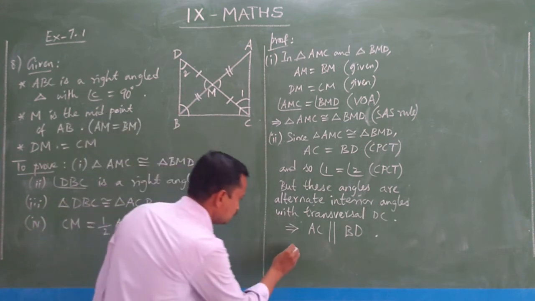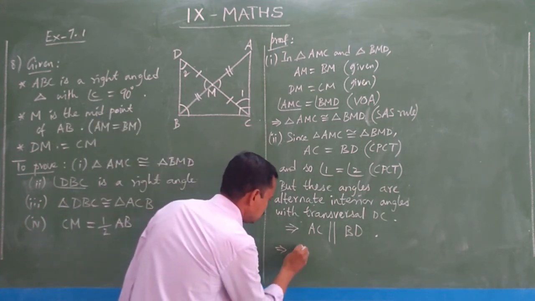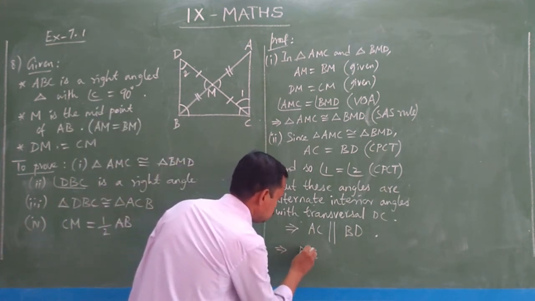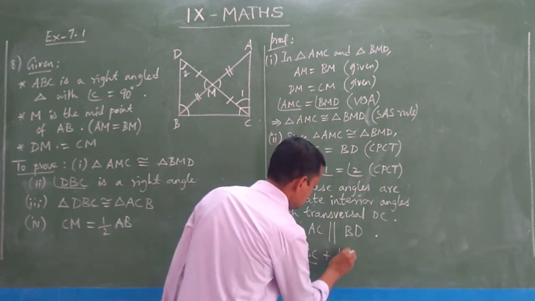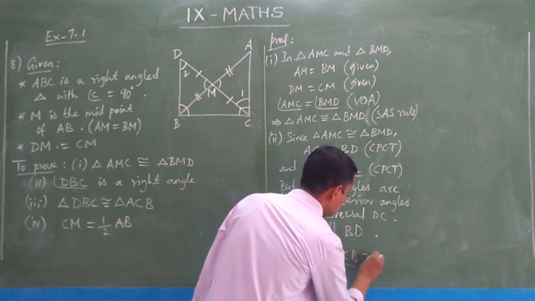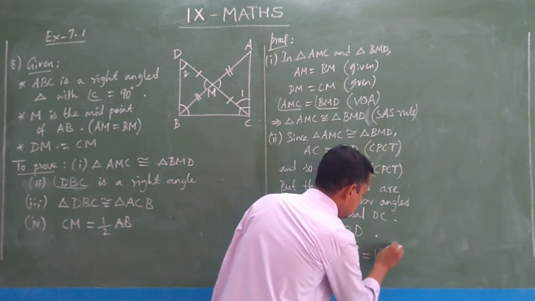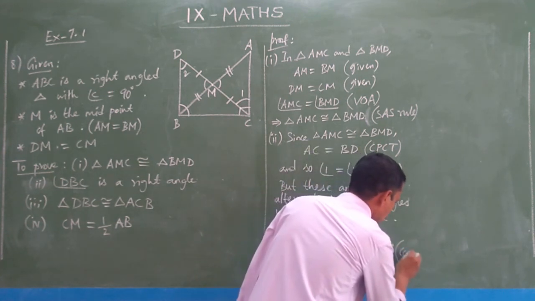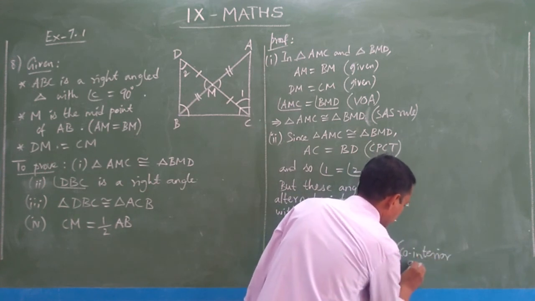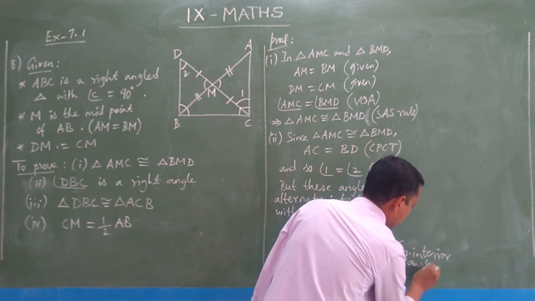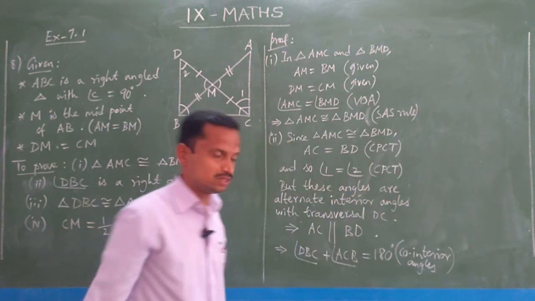So if these two are parallel, this implies angle DBC plus angle SCB is equal to 180. The reason: co-interior angles. I think you remembered everything.